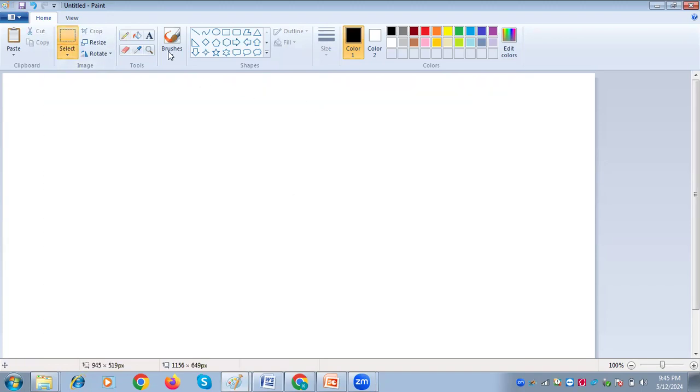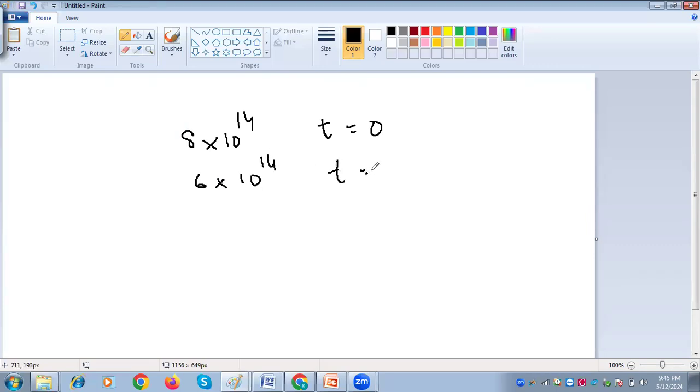How many nuclei were initially present? 8 into 10 raised to the power 14. They were present in the beginning at t equals 0. And after some time, how many have decayed? 6 into 10 raised to the power 14 have decayed after some time. Okay, so how many have remained? So we will take the remained.